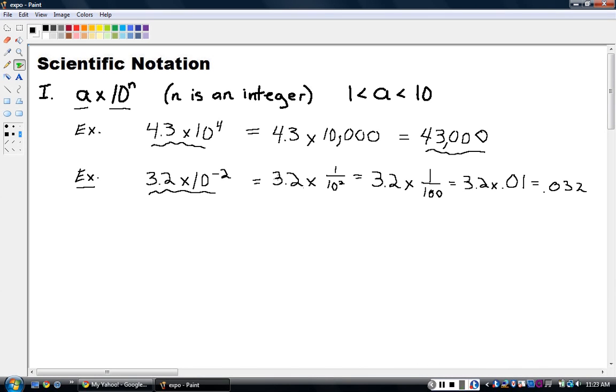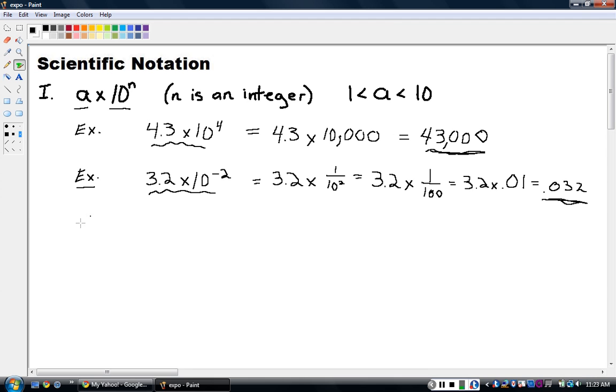In other words, if it's a negative exponent, it's a small number, less than 1. 3.2 times 10 to the negative 2 is a number less than 1. And if it's a positive exponent, it's going to be a pretty big number. That is, 4.3 times 10 to the 4th is greater than 10. Pretty big number.